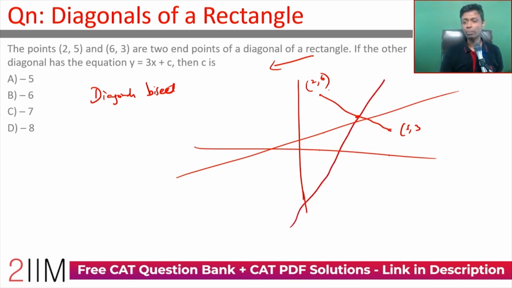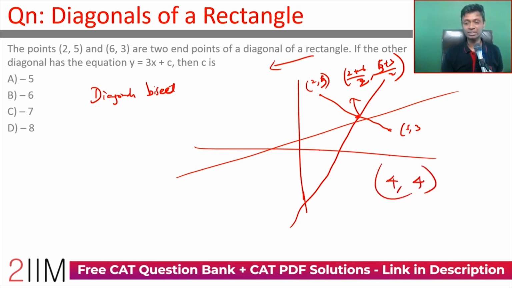Right? So the midpoint of this is 2 plus 6 by 2, comma 5 plus 3 by 2. 2 plus 6 by 2 is 8 by 2, which is 4. 5 plus 3 by 2, 8 by 2, 4.